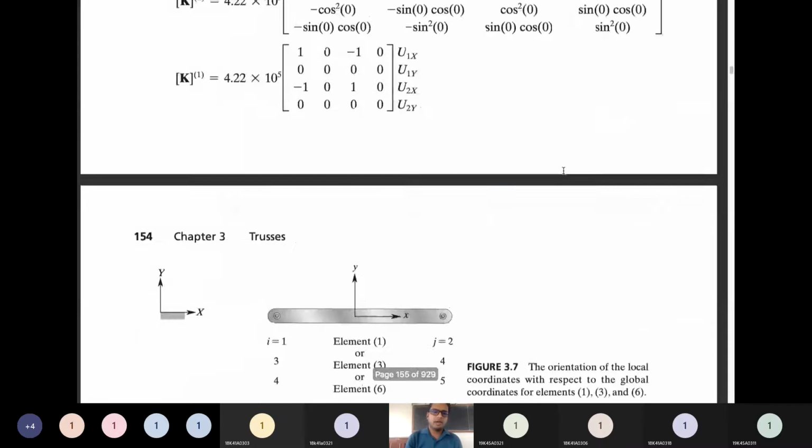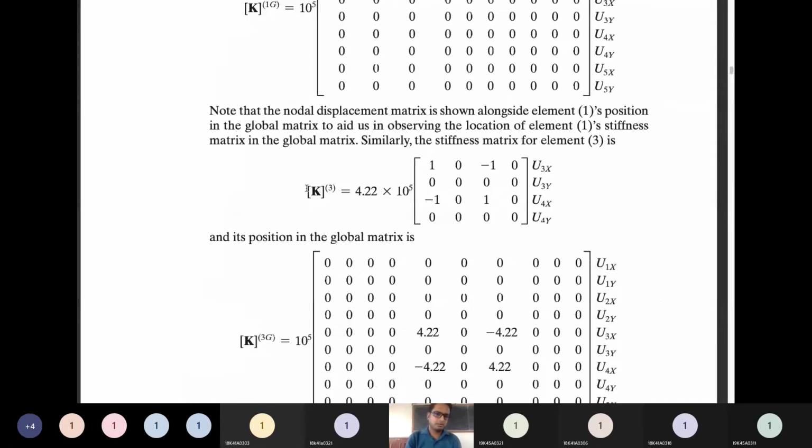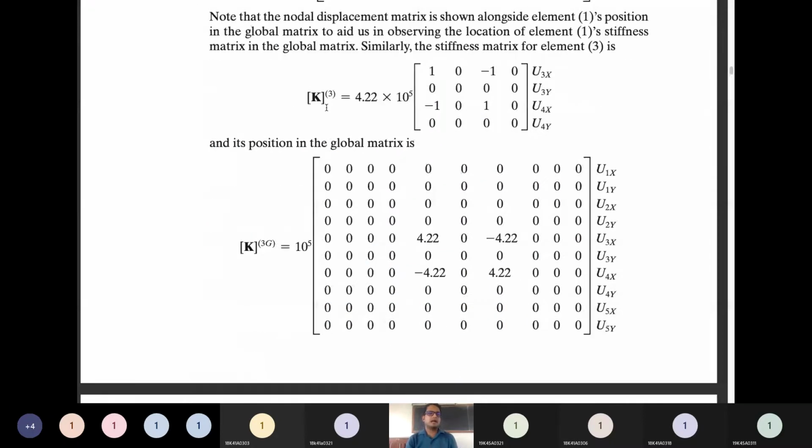So now we have calculated the stiffness matrix for element number 3, and then we have placed or positioned that K matrix into your global stiffness matrix. Here you can see K3G. They have written it part by part for better understanding.